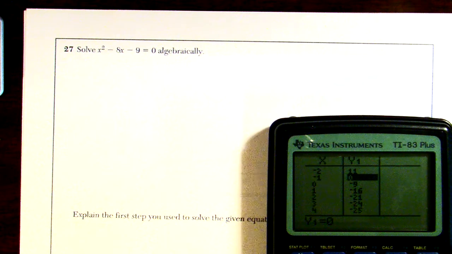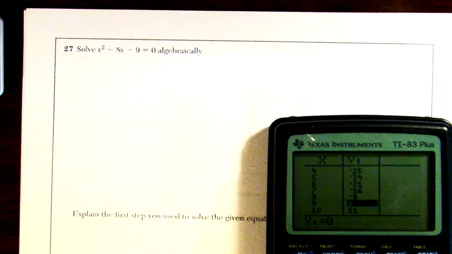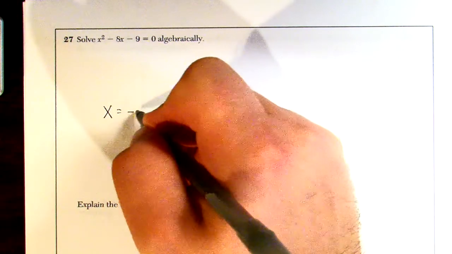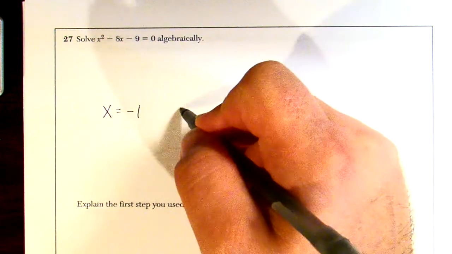So my one zero is going to be, looks like, at -1, and the other one is going to be at +9. So that means I know my x is going to be -1 and it's going to be +9.